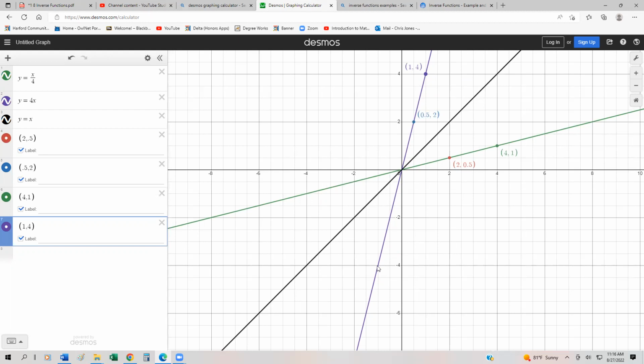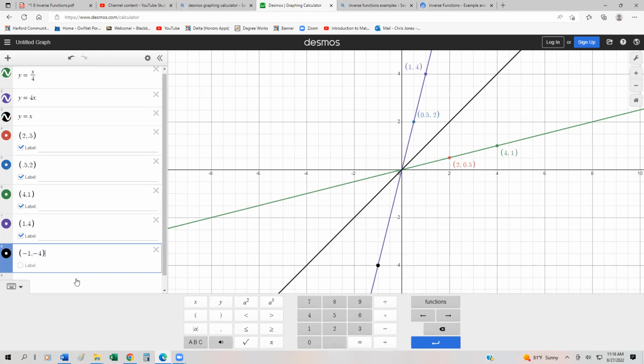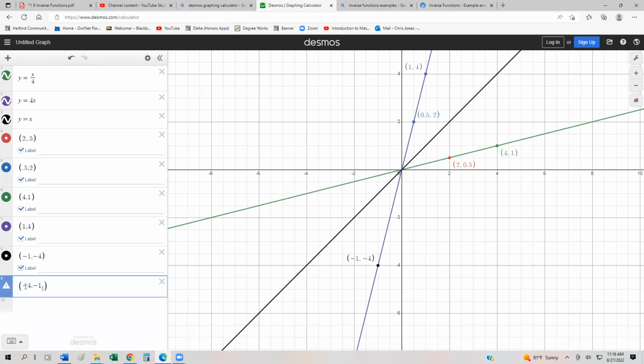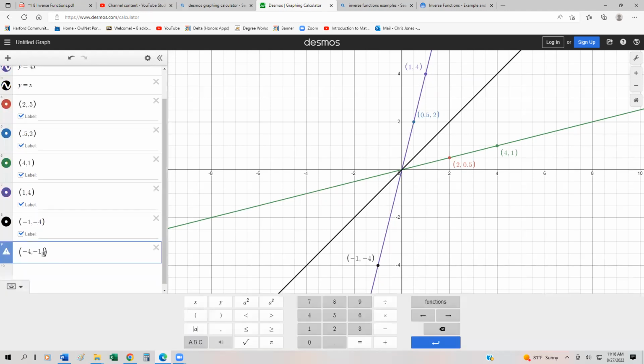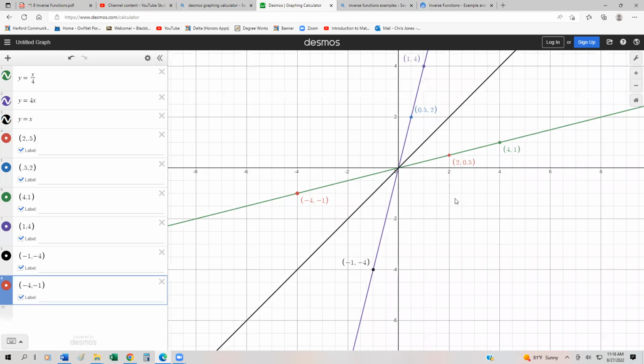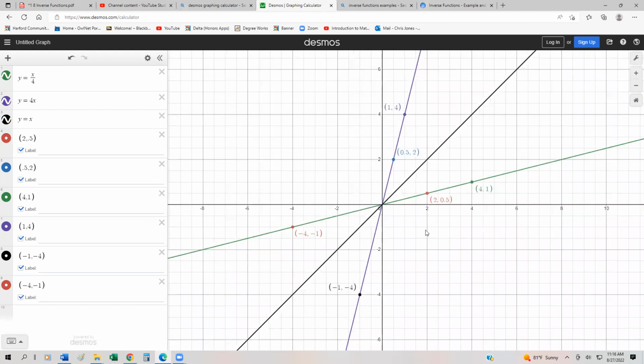So if I looked at the point -1, -4, then there should be another point -4, -1 on the inverse, which there is. So again, notice that these points exist. Pretty cool that that's how we can geometrically at least support that they're inverses.